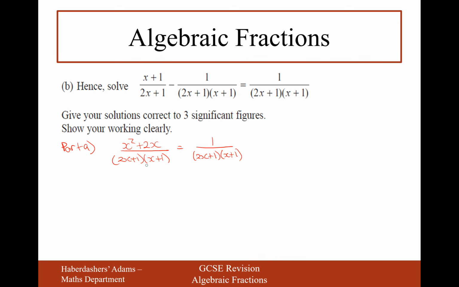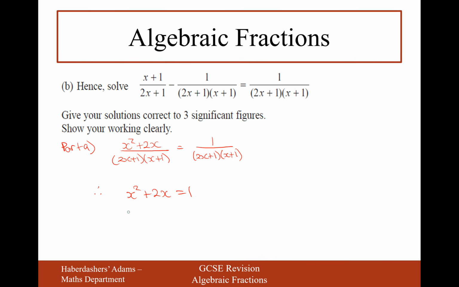So we've got the same denominators on these, so it must be the case that if the fractions are equal and the denominators are equal, that the numerators must also be equal as well. So therefore, x squared plus 2x equals 1.